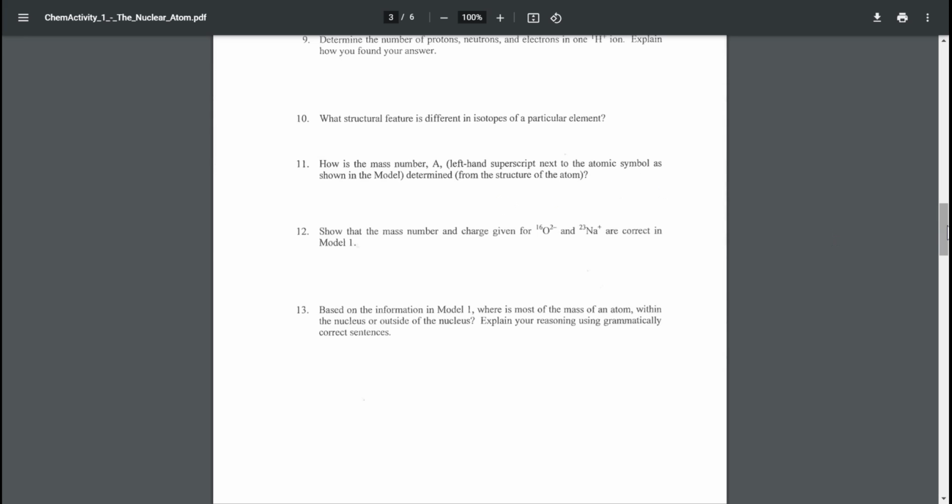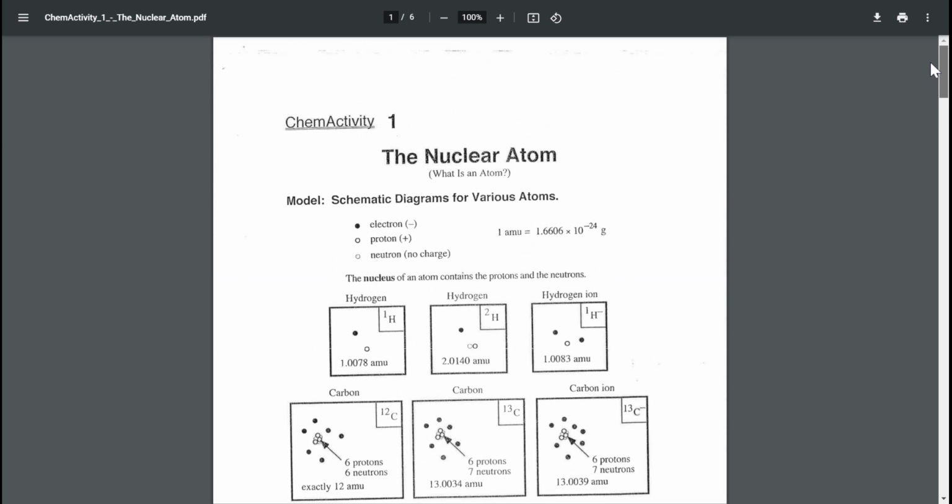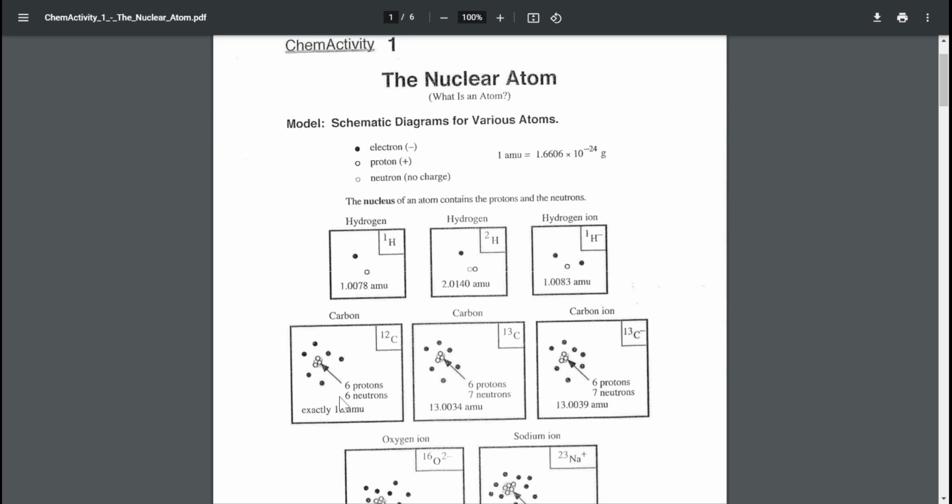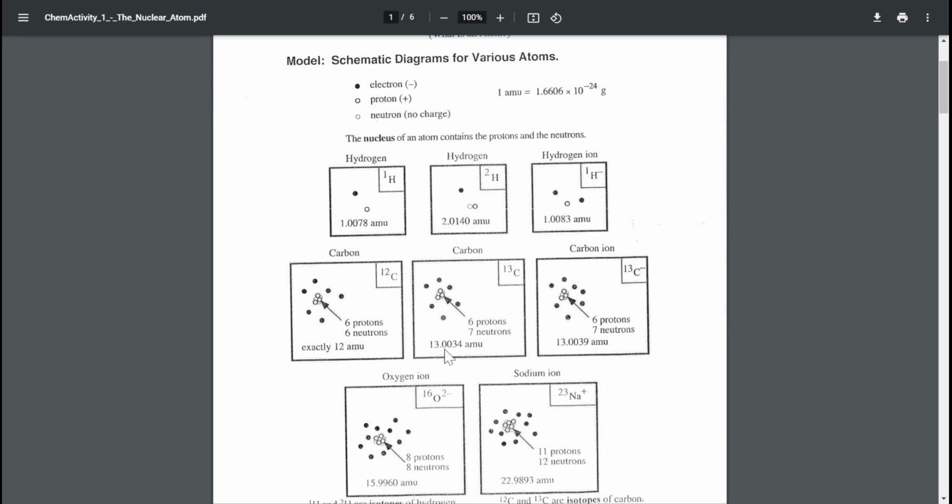And you're also going to see, if you go up here, you have here 12, which tells you it has 6 protons and 6 neutrons. But look at this, you also have an average mass right here.